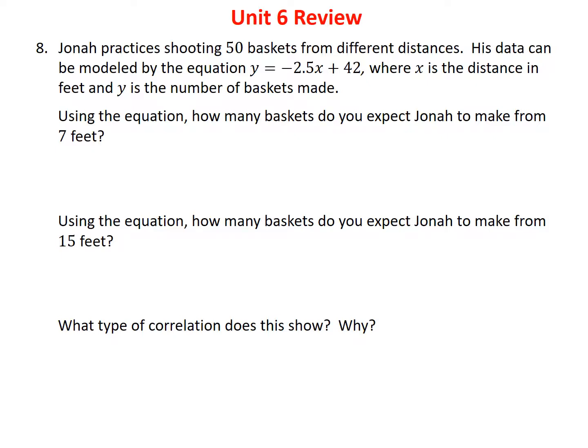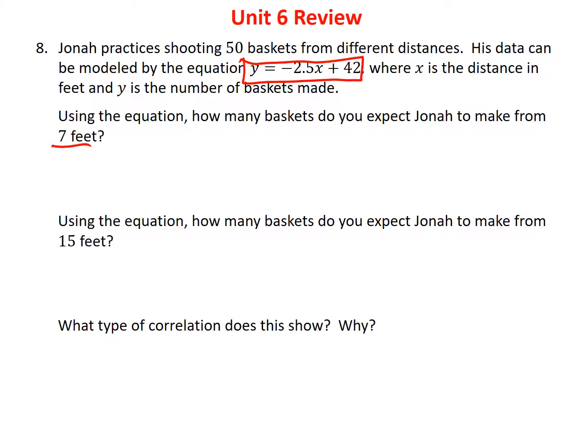In problem 8, we're told that Jonah practices shooting 50 baskets from different distances. They've done some study with his data and modeled the data with an equation, y equals negative 2.5x plus 42, where x is the distance in feet and y is the number of baskets that are made. It asks us first to use the equation: how many baskets would we expect Jonah to make from 7 feet?